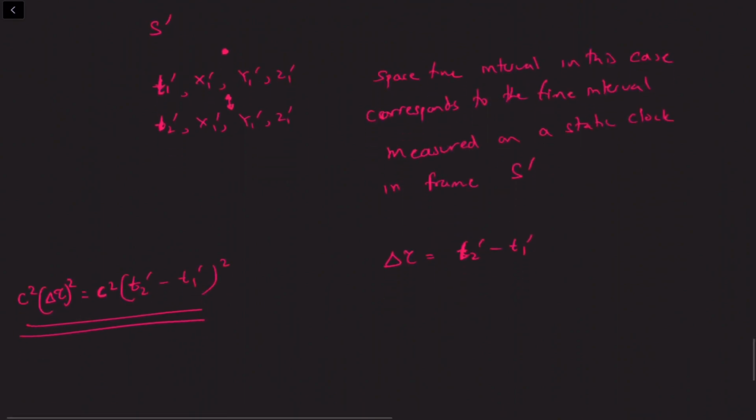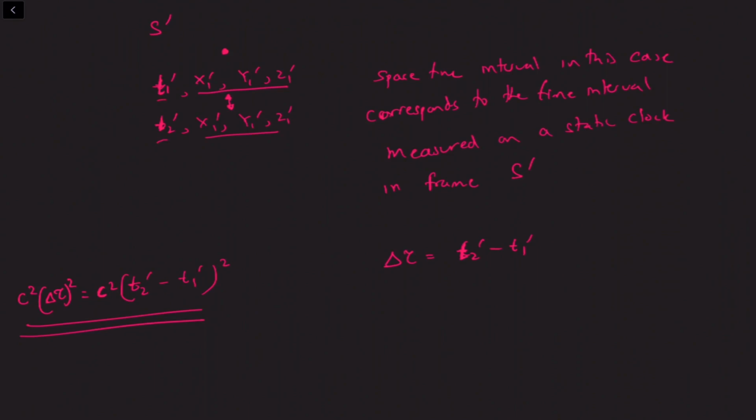That is, there's a clock sitting at this spatial location, x1 prime, y1 prime, z1 prime, and the location doesn't change as seen by observer S prime, but the time interval that has elapsed on it has changed. And delta tau is a measure of that change.